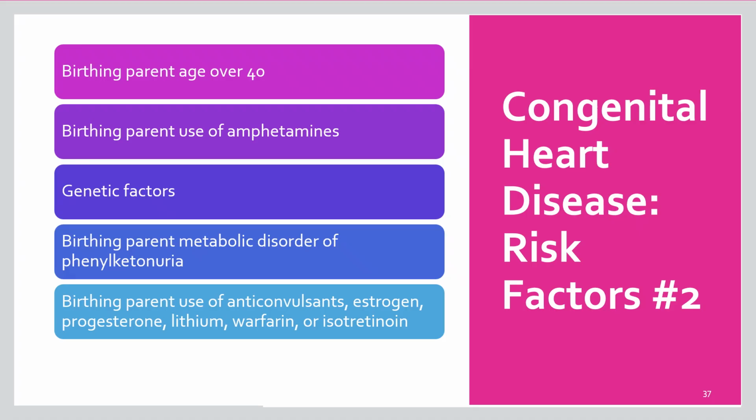So other risk factors are birthing parent over the age of 40, birthing parent use of amphetamines, and genetic factors. If there are any congenital heart problems in the family, that can cause problems in the coming generation too.